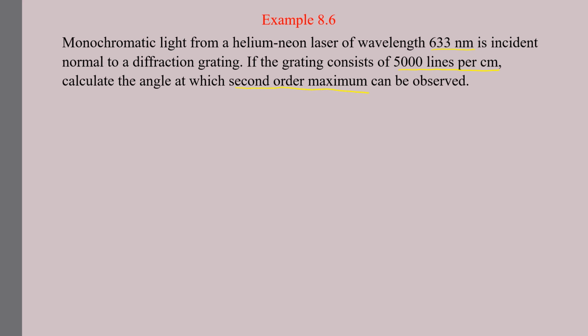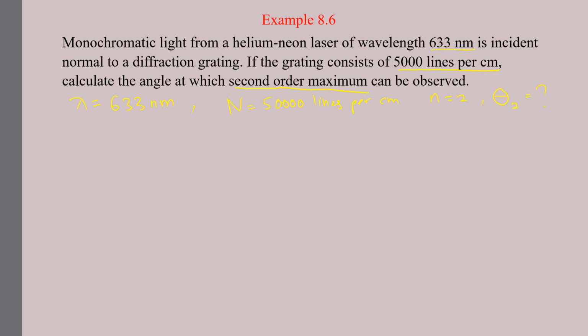Okay, so lambda is given, 633 nanometer. And the grating consists of 5,000 lines per centimeter, so n is equal to 5,000 lines per centimeter. Calculate the angle at which second order. Second order means n equals to 2. So the question asks you to calculate theta 2.